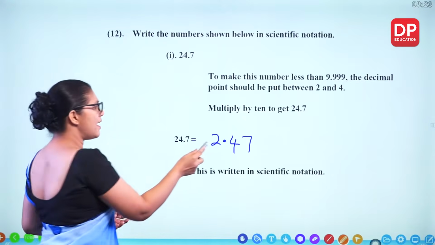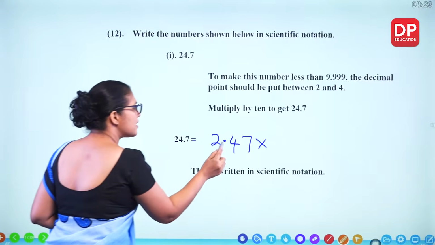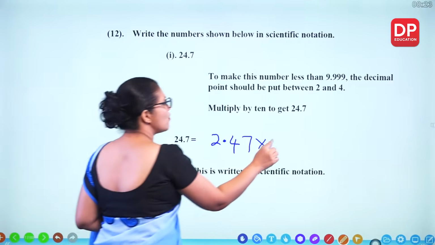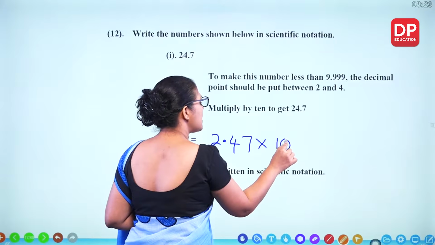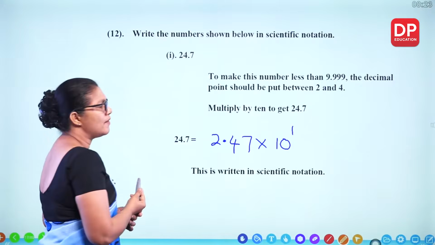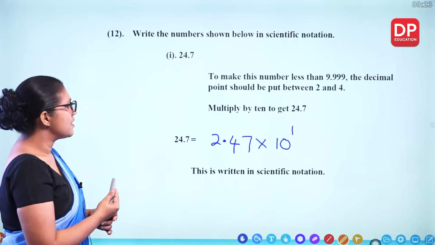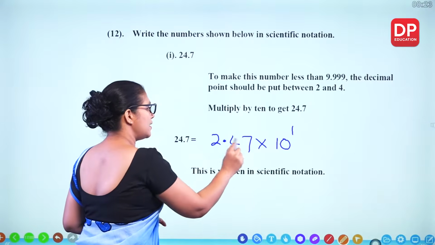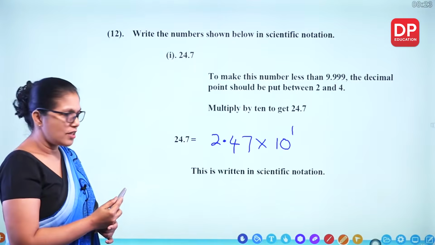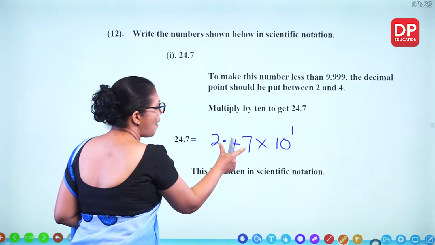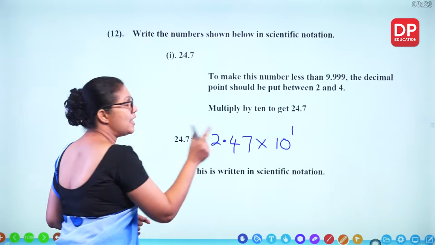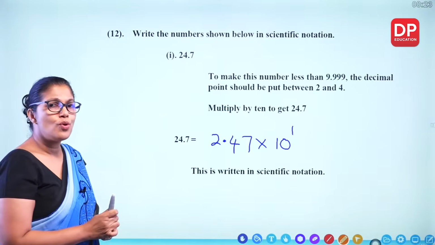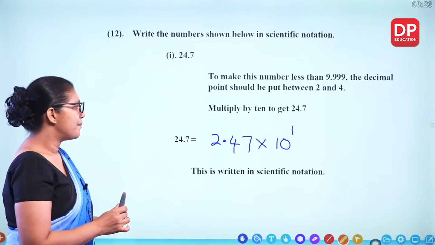But you can't write it like this. How do you get 24 from this? You have to multiply by 10. So we put 10 to the power 1. This is written in scientific notation. So we call this number is in scientific notation. The number here always should be in between 1 and 9.999.